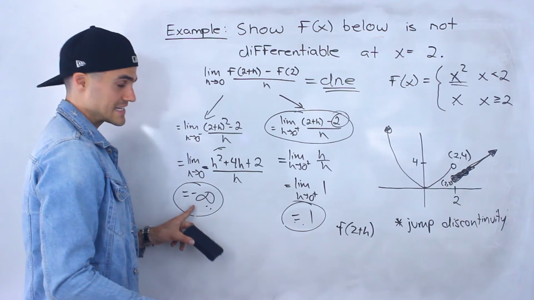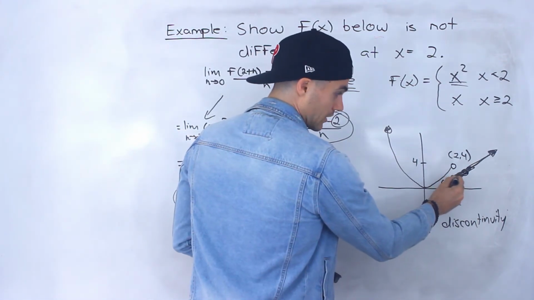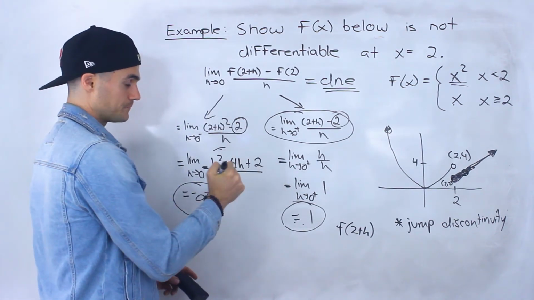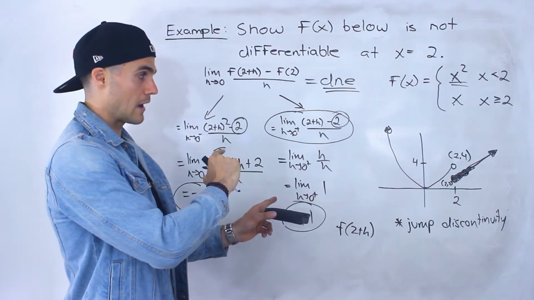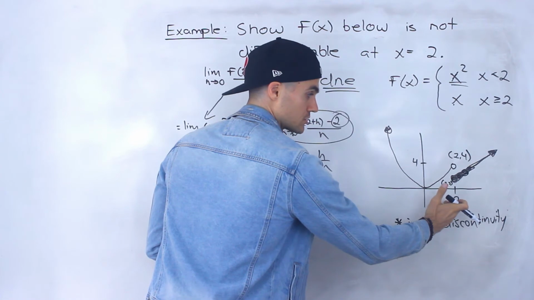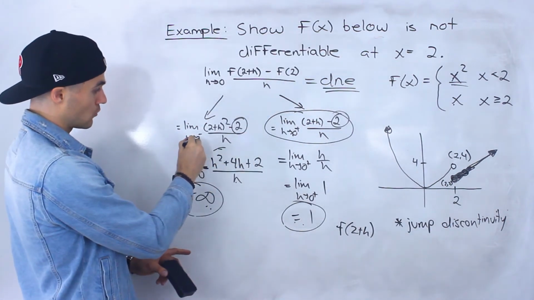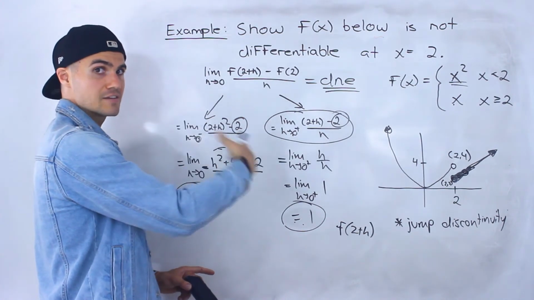And then over here, this negative infinity, we're still going to be working with this point here, 2 and 2, which is where we got that y value from. But now the other point that we're going to be working with is going to be to the left of 2. Something very close, but to the left of 2, because we're approaching this h value 0 from the negative side.